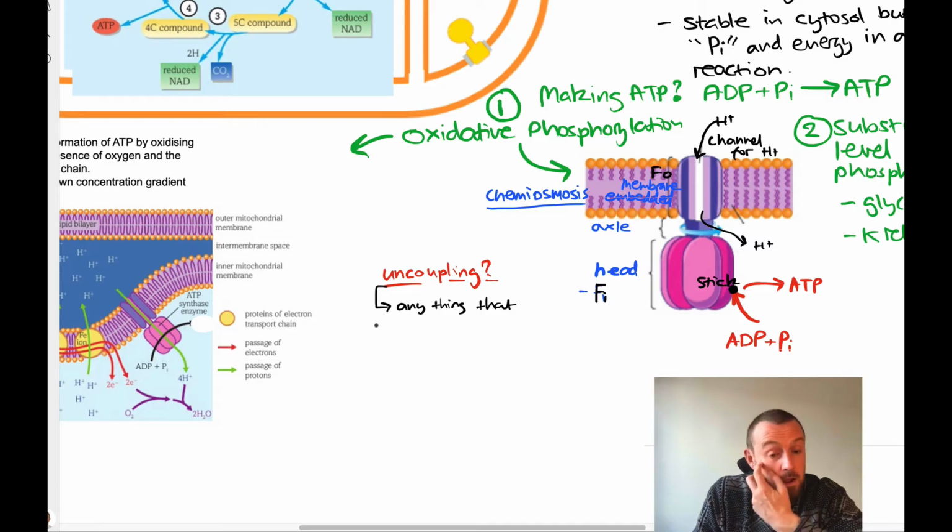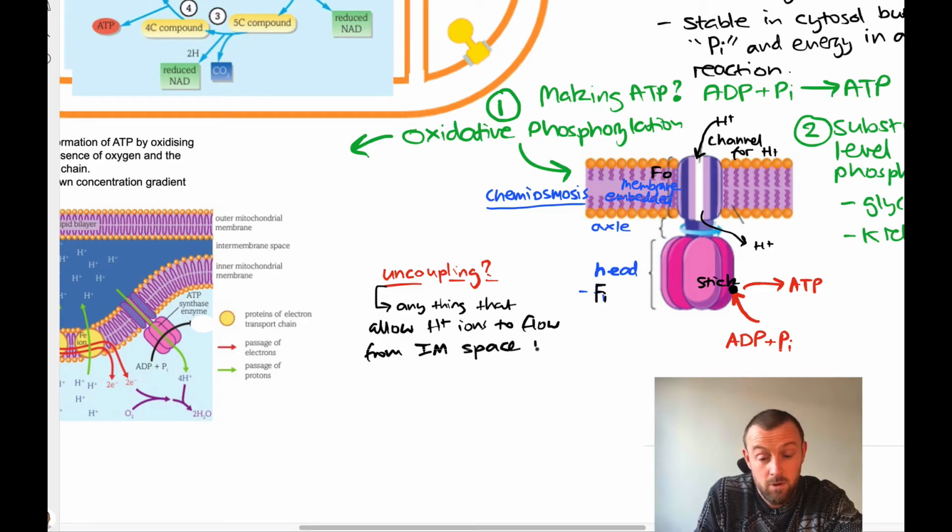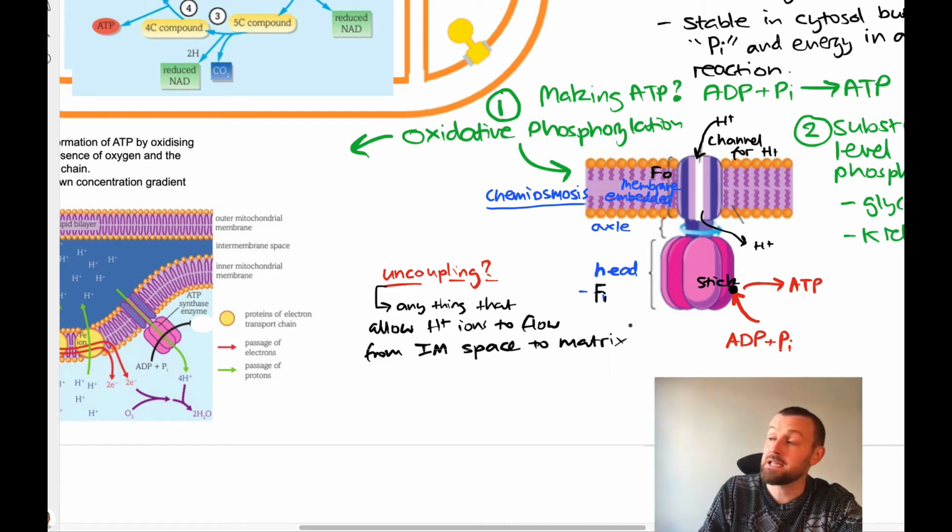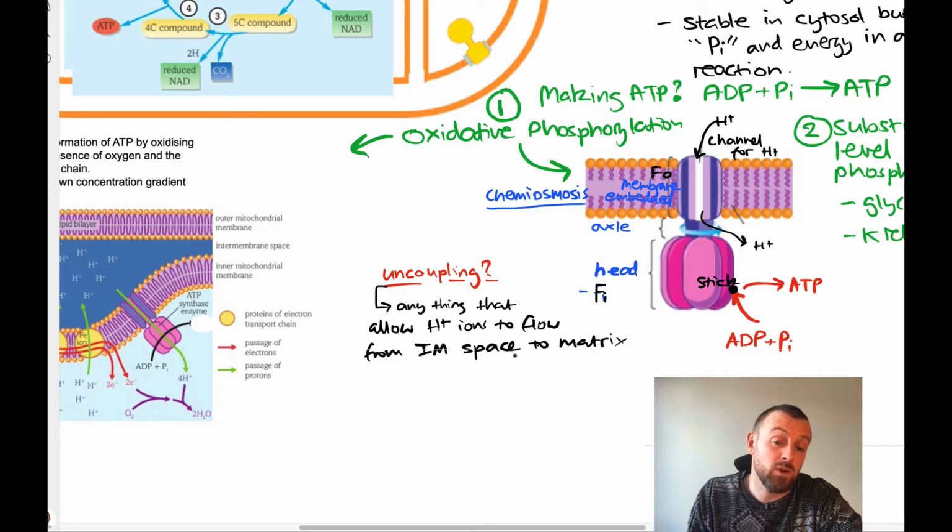Anything that can allow H+ ions or protons to flow from the inner membrane space to the matrix without going through ATP synthase will be a waste of energy, essentially.